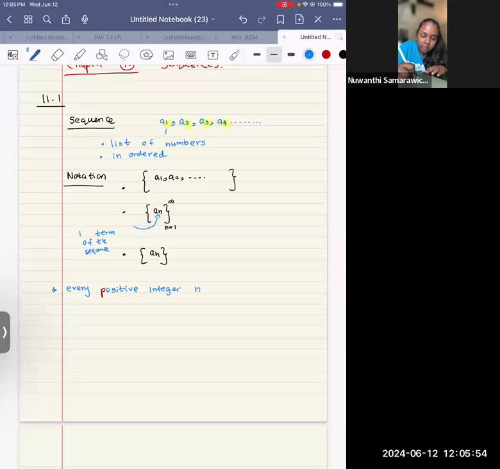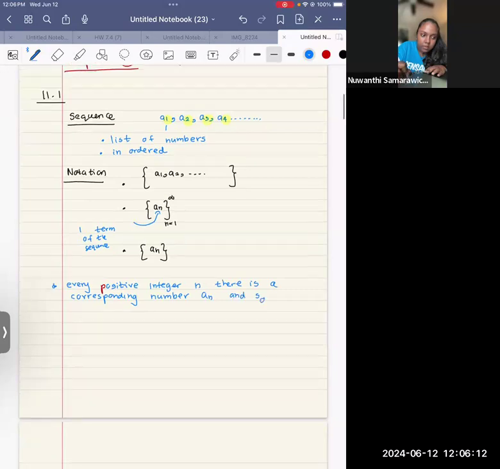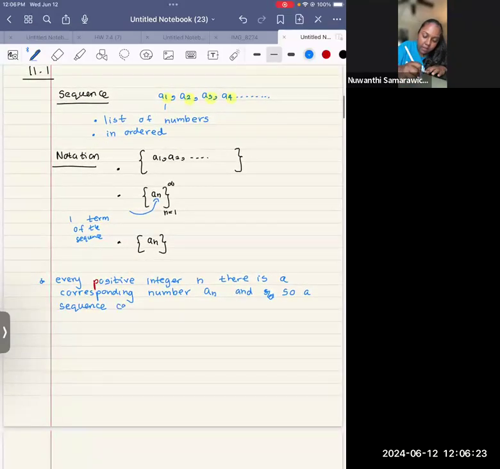So a sequence can be defined as: for every positive integer n, there is a corresponding number A sub n.